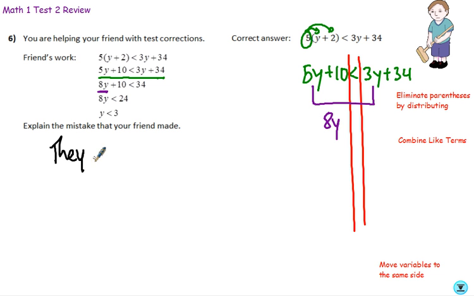So they added, or let's use that word combine.